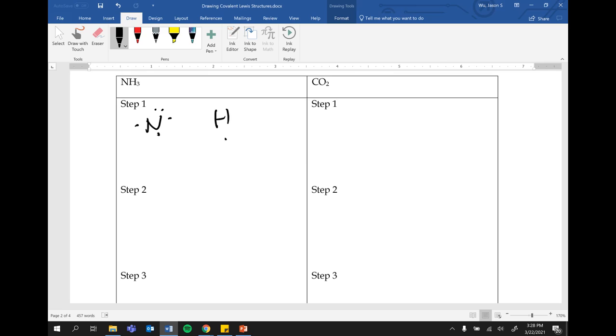Step 2 is to count the number of valence electrons that I have. N has 5, and I have H, which has 1, and I have 3 of these. So 5 plus 1 plus 1 plus 1 gives me 8 valence electrons that I have to use.